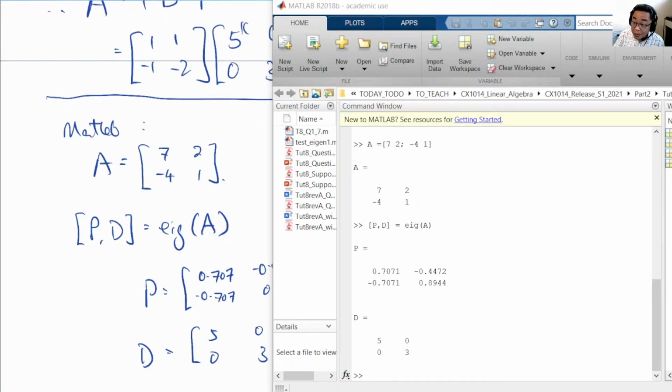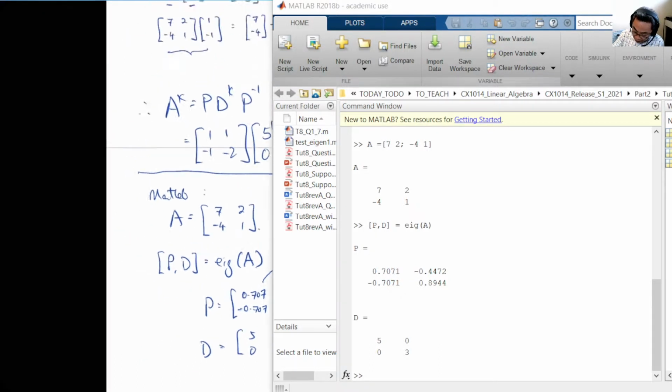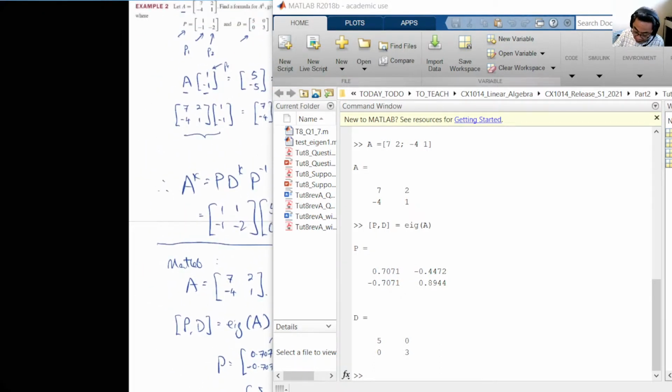If you look at this very carefully, then isn't this α, α? And the other one is -β, and this should be 2β. Now if you compare with what is given to us, the eigenvectors of P are [1, 1] and [-1, -2].